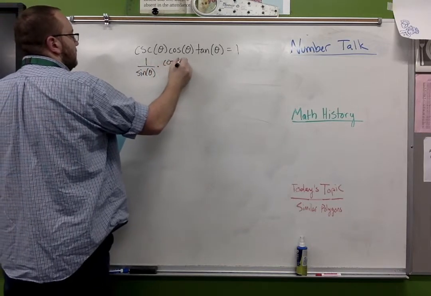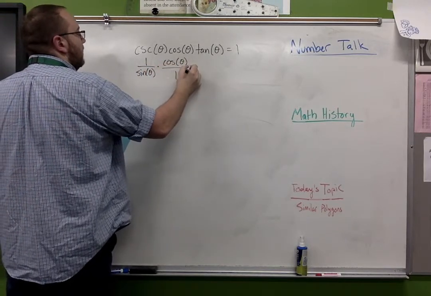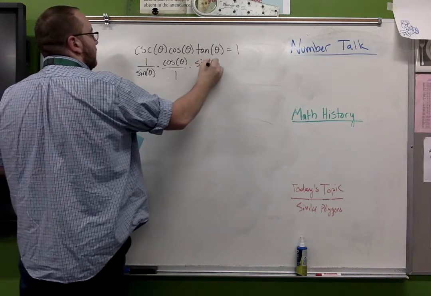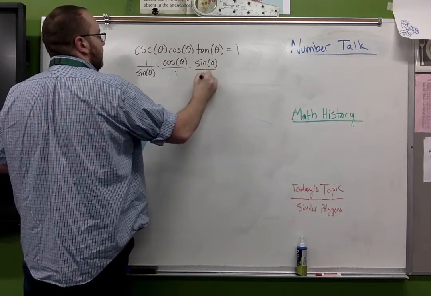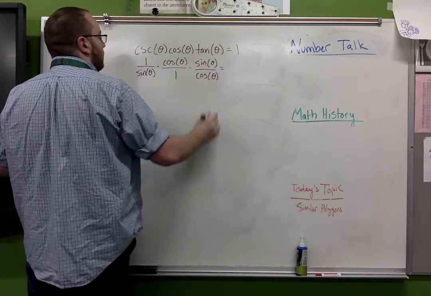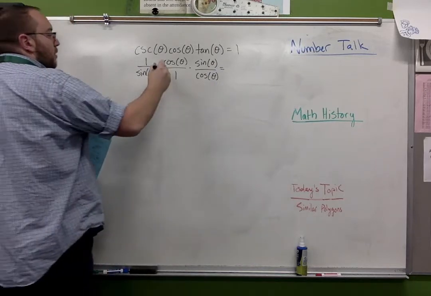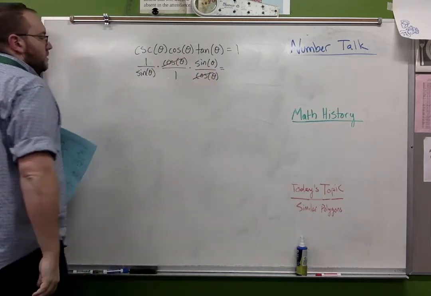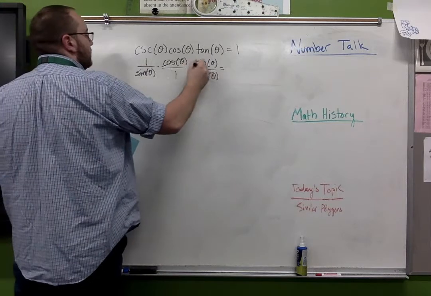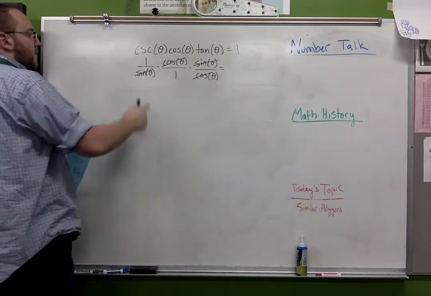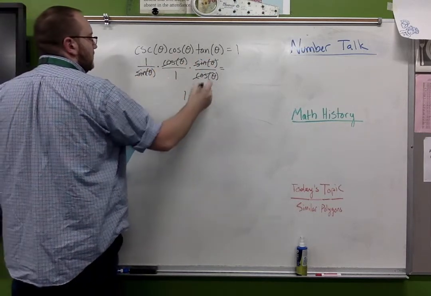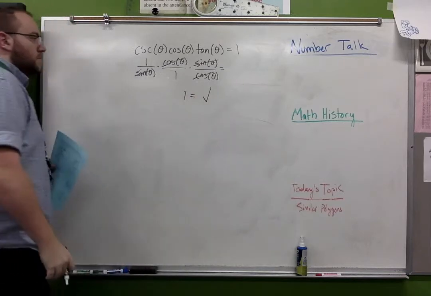Cosine stays the same. Tangent is sine over cosine. Well, here the cosines cross reduce. The sines cross reduce. So we're left with just 1. So 1 equals 1. Verified.